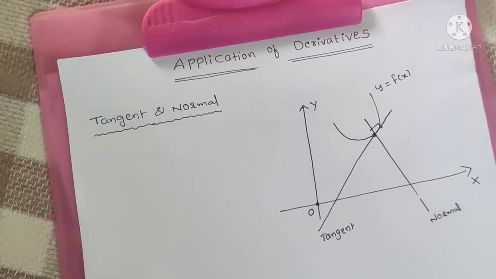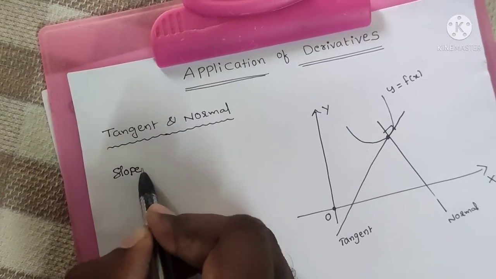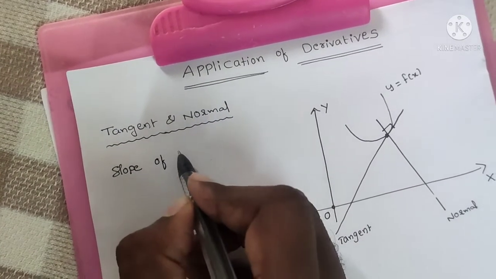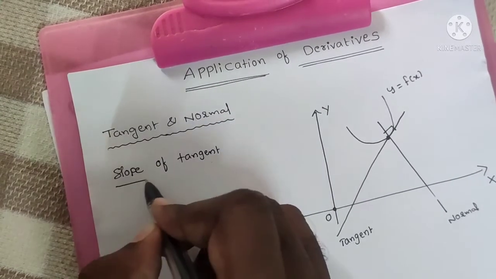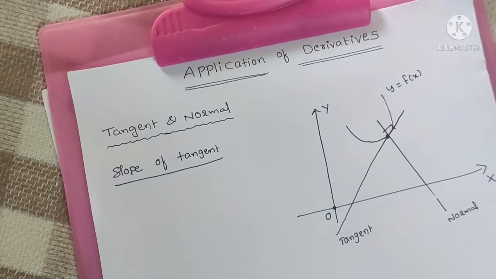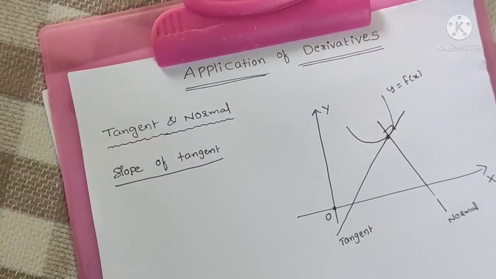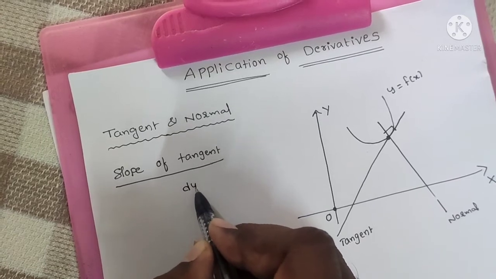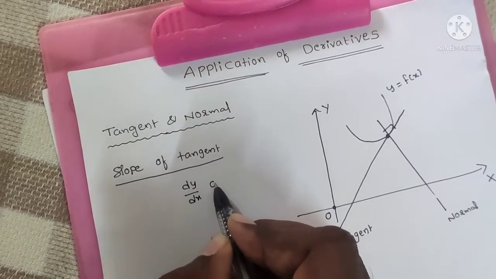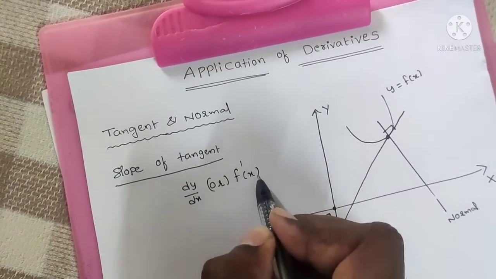Now next, how to find slope of tangent. We will discuss what is meant by slope of tangent. The given curve is y is equal to f of x. If you differentiate this curve, then what will we get? dy by dx or f dash of x. That is called the derivative of the given curve.